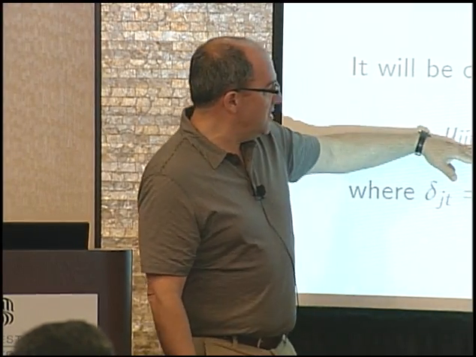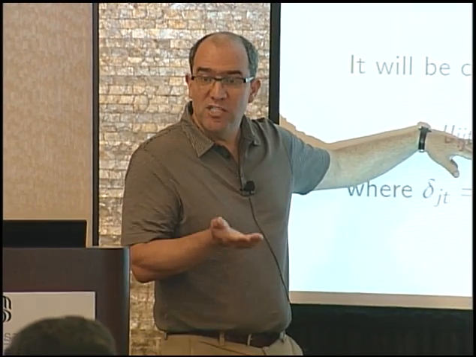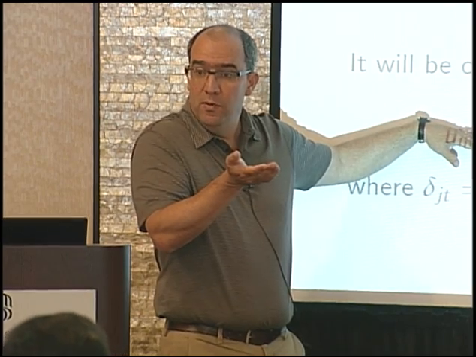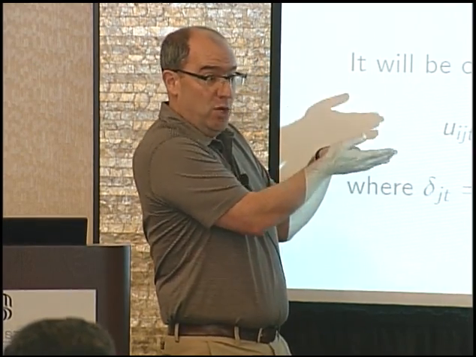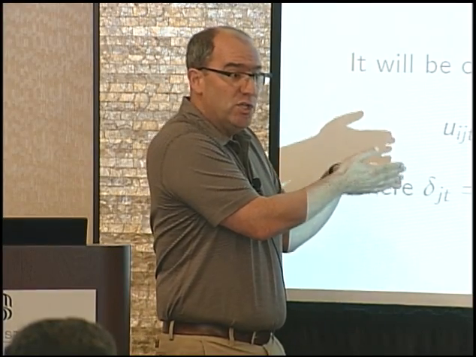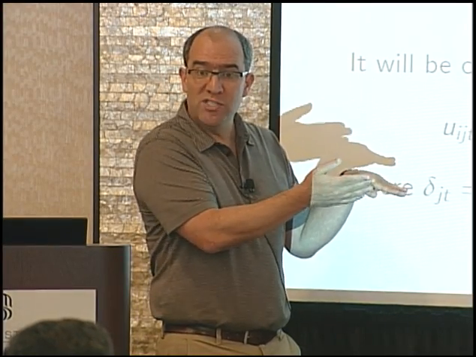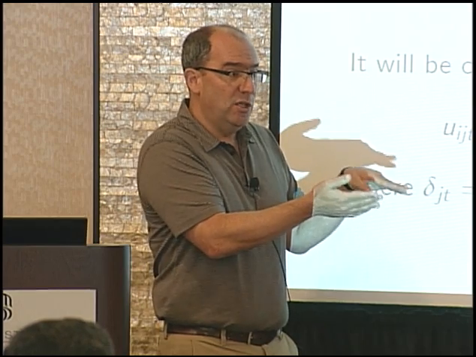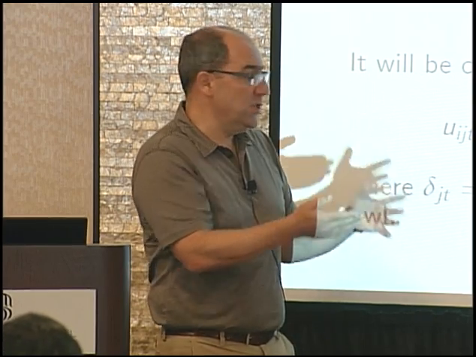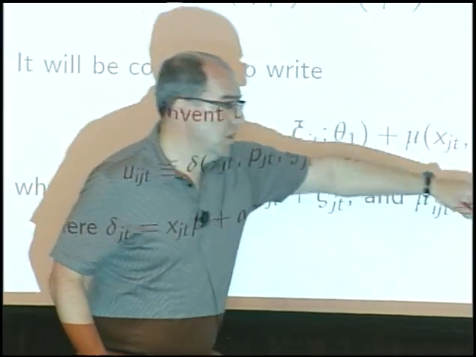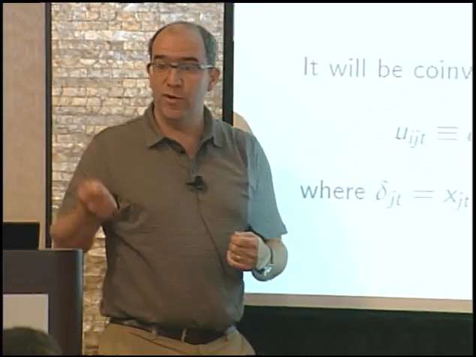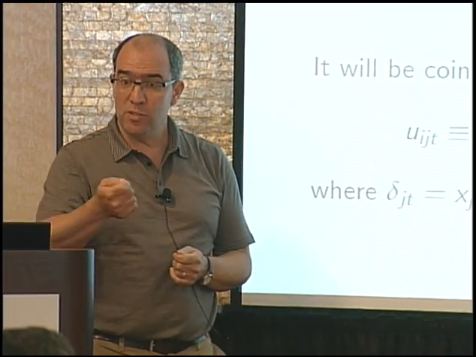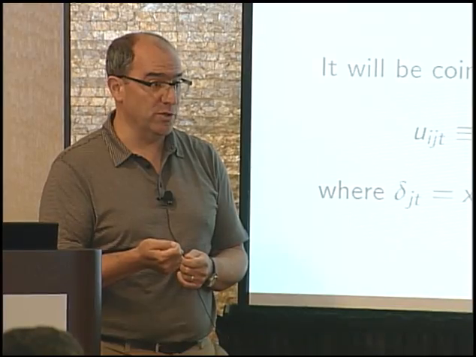So what that means is if you get a shock, let's say the price of a particular product increases a little bit, well, for people on the margin, that's no longer going to be their first choice. So then the question is, where are they going to go? What's their second choice? In the Logit model, there's no correlation, because this is common to everyone, this is 0, and this is IID. So I'm basically saying my second choice is going to be like the average of the market. And that's why substitution patterns are proportional to market shares.